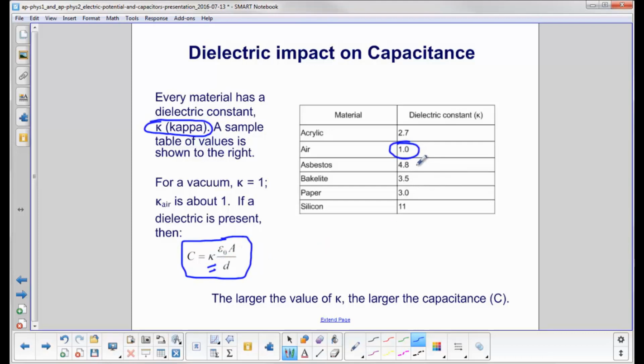So let's see, asbestos here would have a greater capacitance than bakelite, which would have a greater capacitance than paper. So any of these dielectrics, when you insert them, you can store more charge and have a greater capacitance than if you had air between the plates. And just a little simple summary, the larger the value of K, the greater the capacitance.